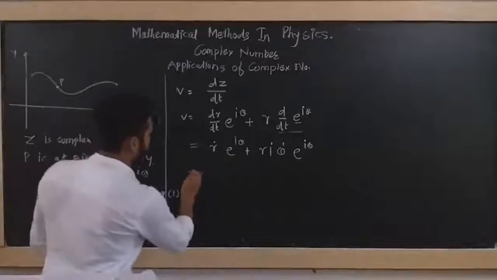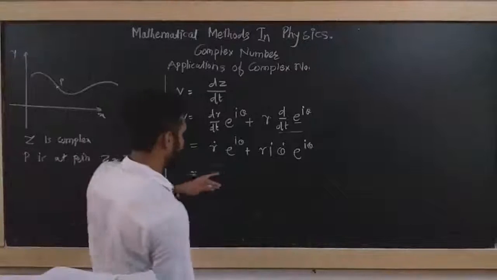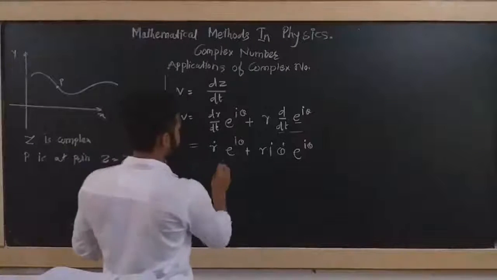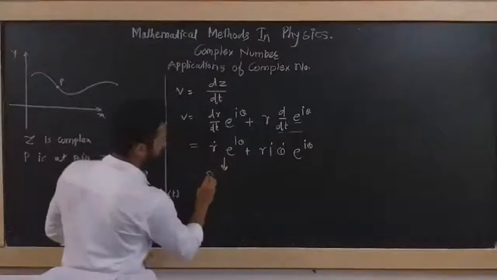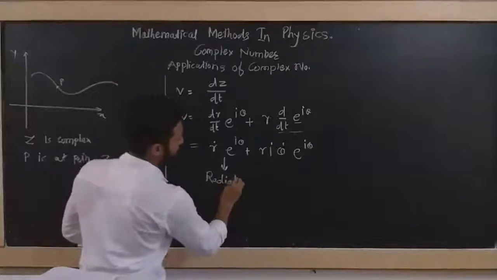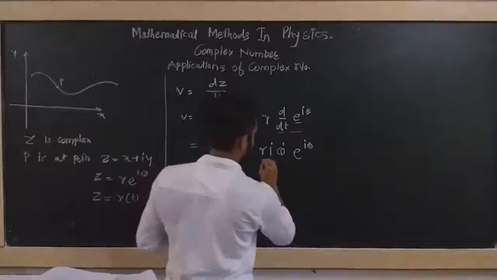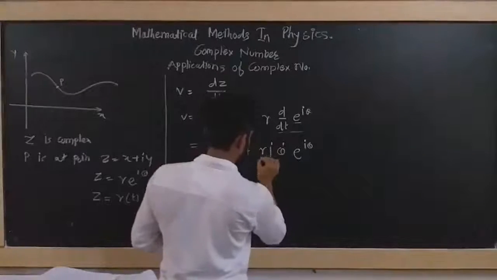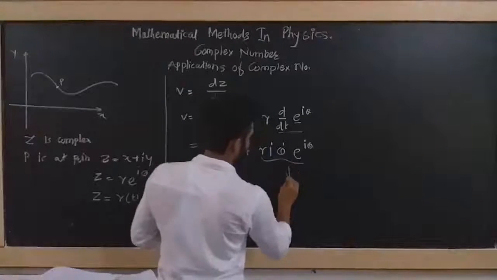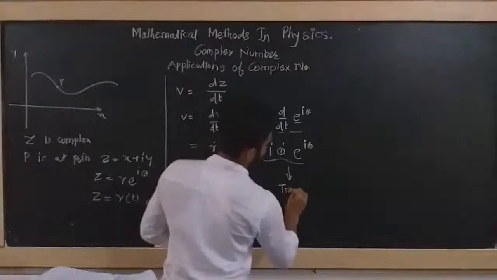Make it clear, check it out. Therefore this first term is the radial component, and this i term with the remaining factors is the transverse component.